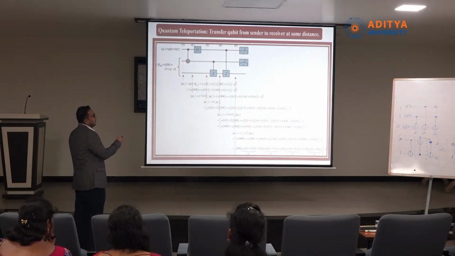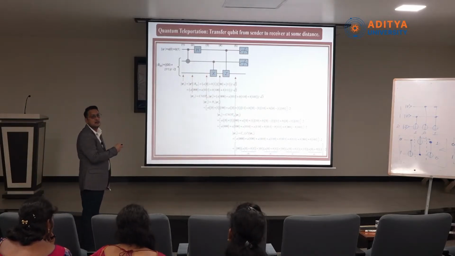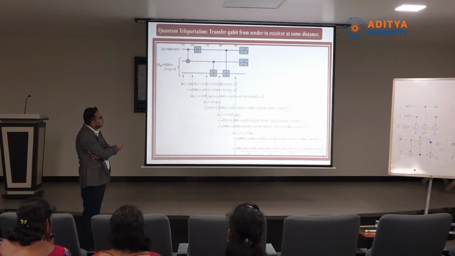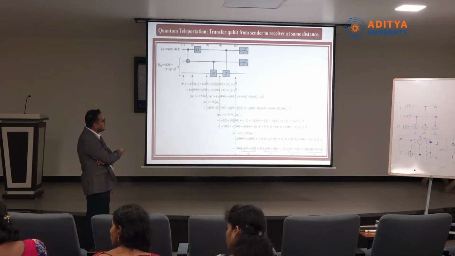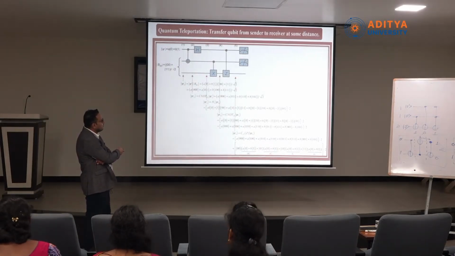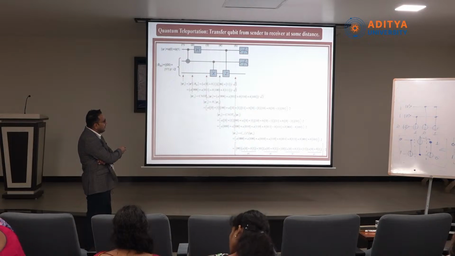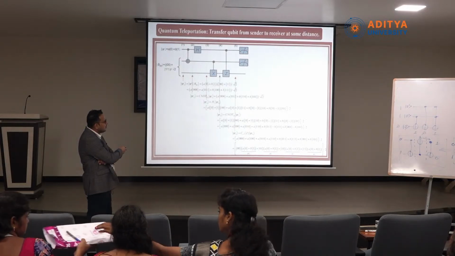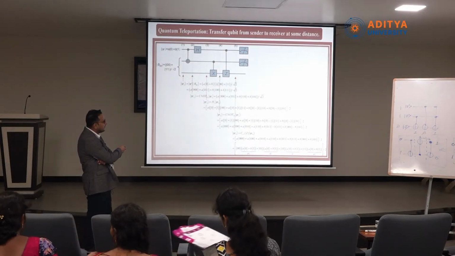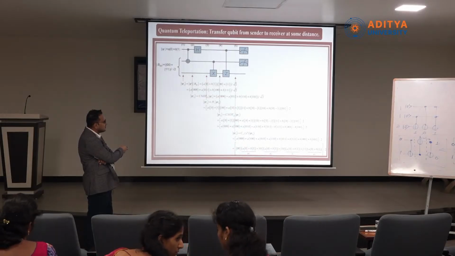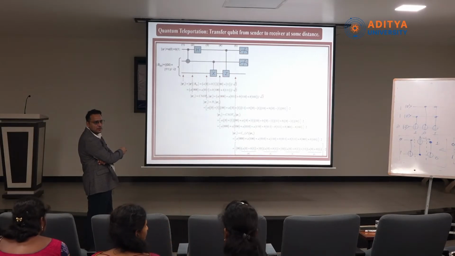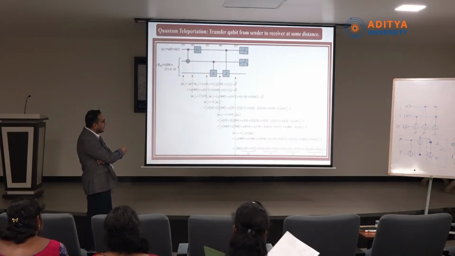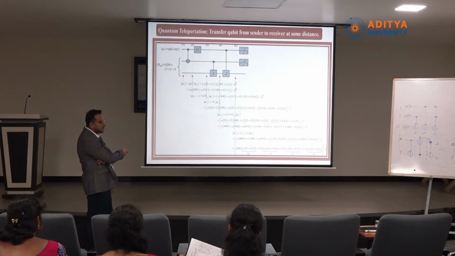Now listen, next what to do? Apply Hadamard on the first qubit. Here the first qubit is 0, 0, 1 and 1. Applying Hadamard on 0 gives 0 plus 1 by root 2.